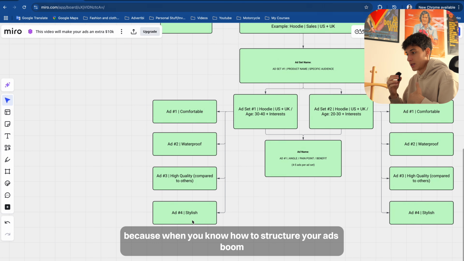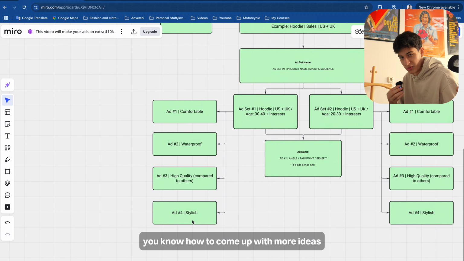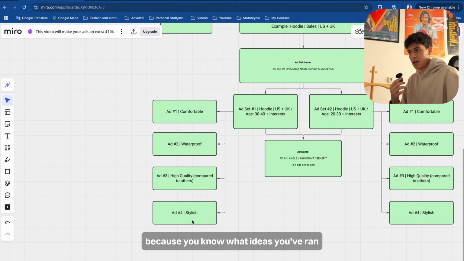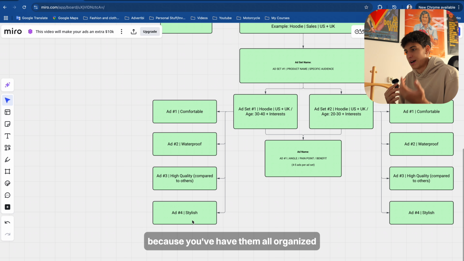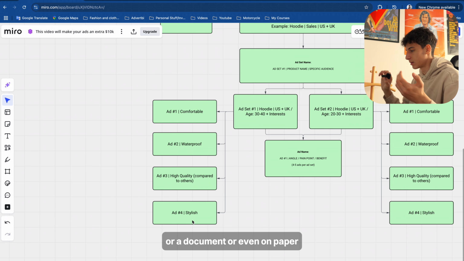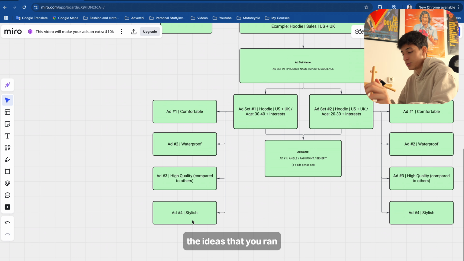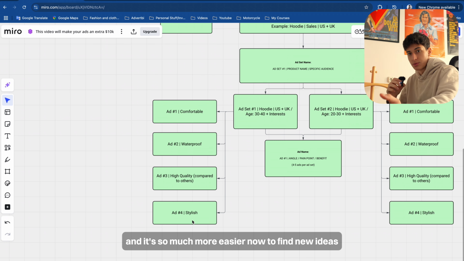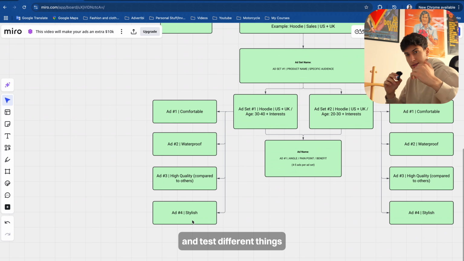That's the beauty of it, because when you know how to structure your ads, boom, you know how to come up with more ideas, because you know what ideas you've run, because you have them all organized, or maybe you've noted them down in a Notion or a document, or even on paper, the ideas that you ran. And it's so much easier now to find new ideas and test different things.